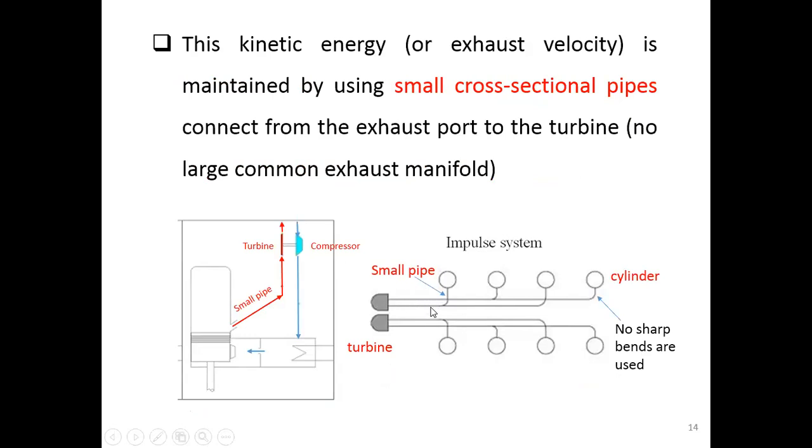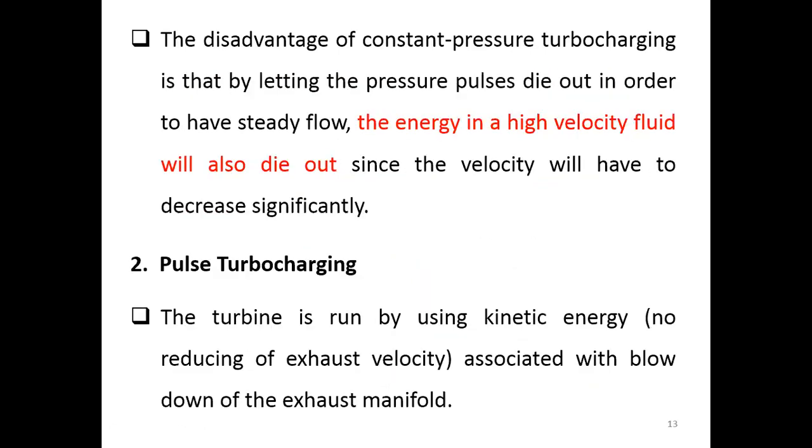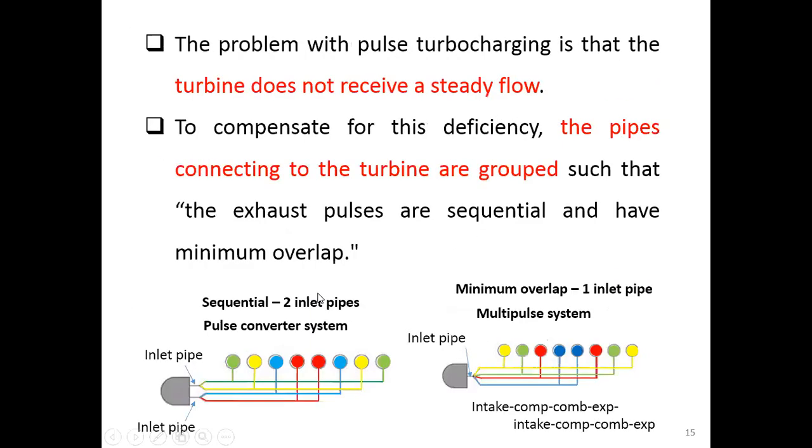So this method we call pulse turbocharging. That means we have to accept that the turbine will not receive a steady flow here. It will receive a pulsating flow. That means the efficiency of the turbine will decrease.